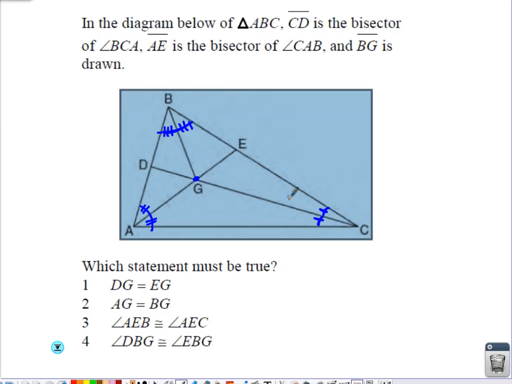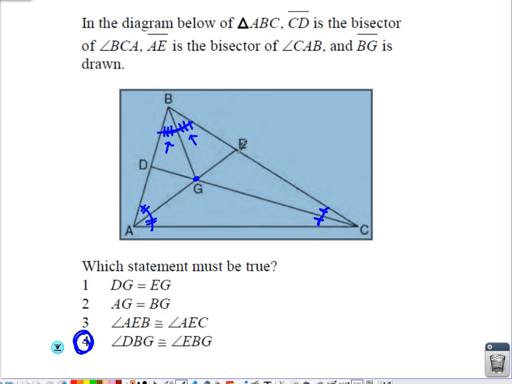DBG and EBG. DBG. Now that was true. Okay, yeah, never mind. I thought only one was false, but only one's true. That's the only one that is true. DBG, which they tell us this angle and this angle are the same.